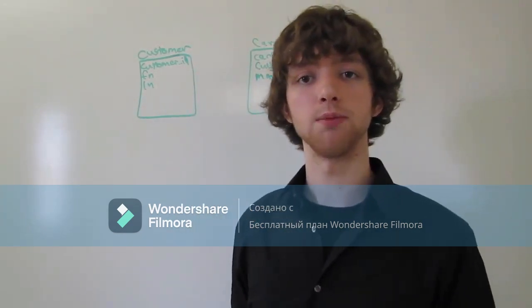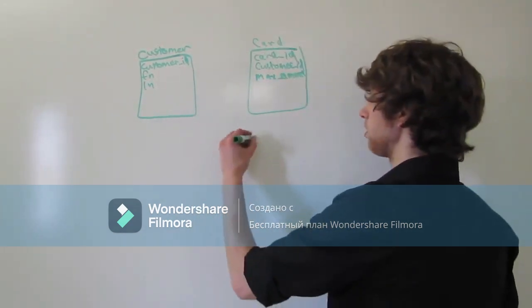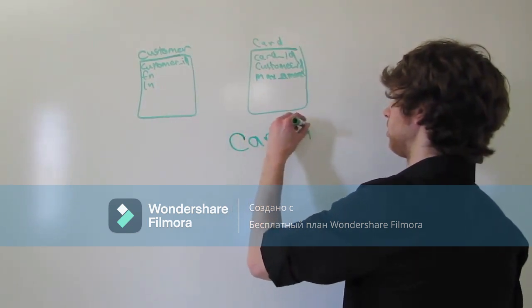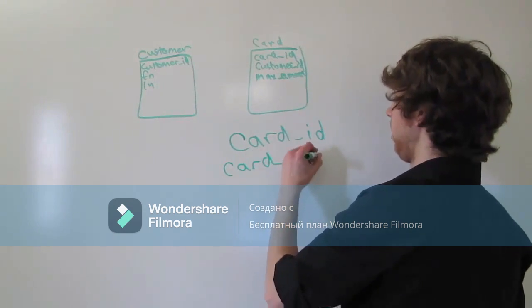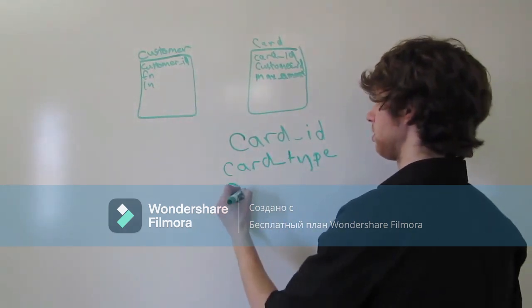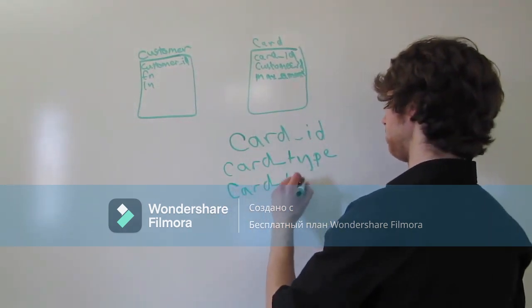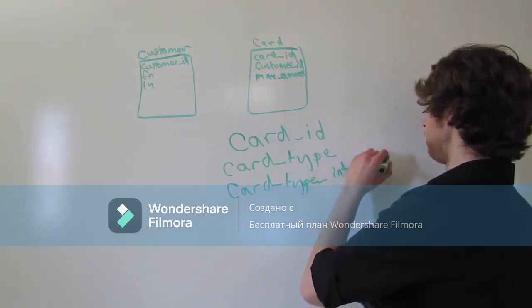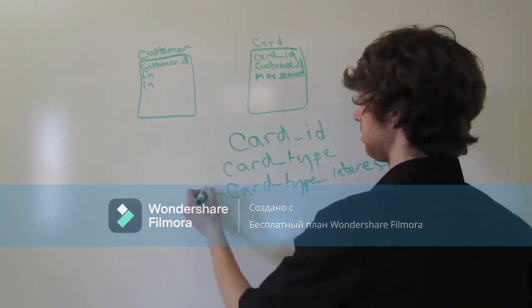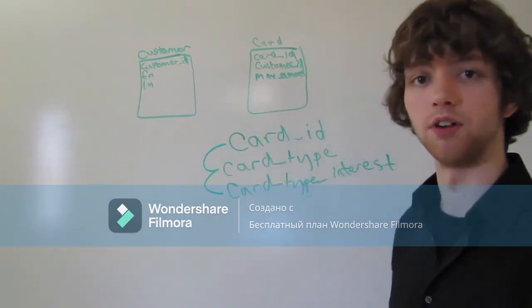Because if you have the card table, with card ID, and then card type, and then something about that card type, like card type interest or something, well, this is a transitive dependency, which is a violation of the normal forms.